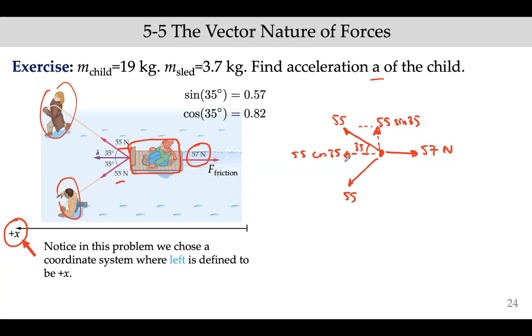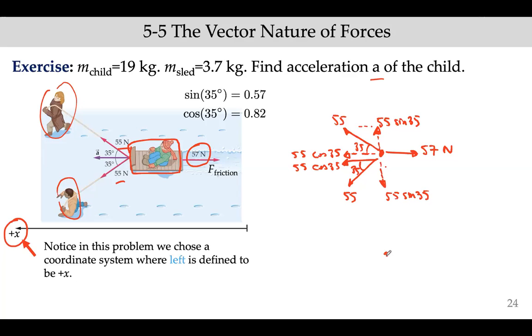Now, this one also has this component, which is exactly, again, because the angle is the same, 35 degrees, 55 times cosine 35, and also this component, 55 times sine 35. Now, these are all the forces that you have to consider.